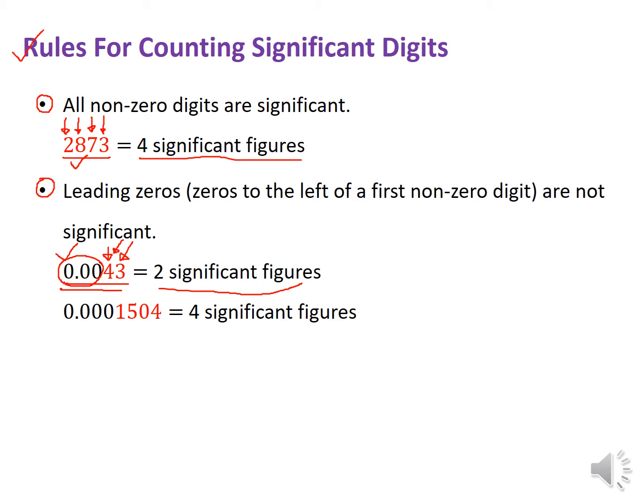Of course, these leading zeros help us define the number, but they are just placeholders and they serve only to put the non-zero digits in correct positions, and they only provide information about the size of the number. But these leading zeros are not telling us how precise the number is. We can understand this clearly if we consider this number as a distance in kilometers.